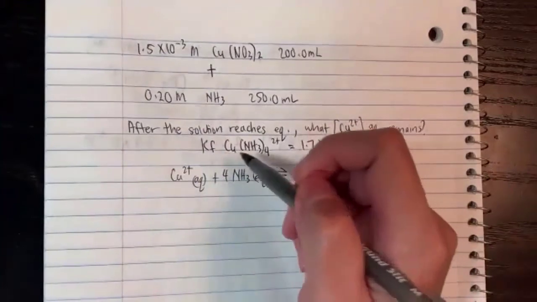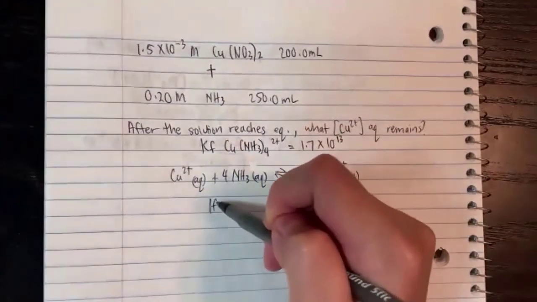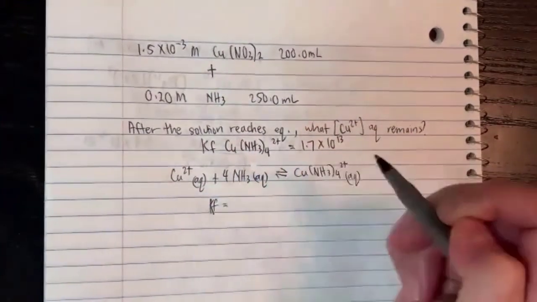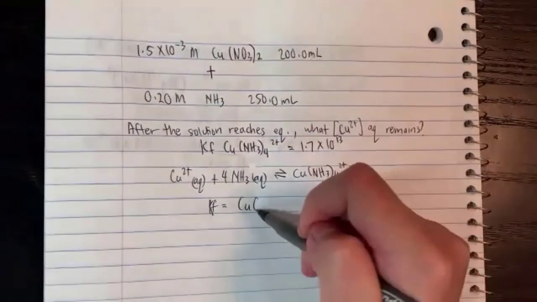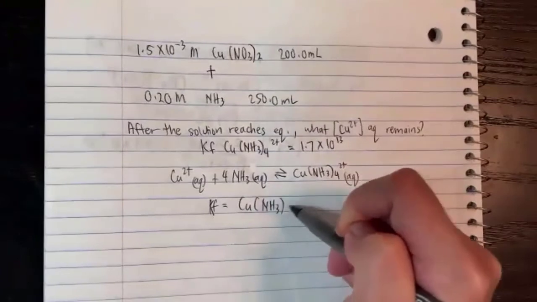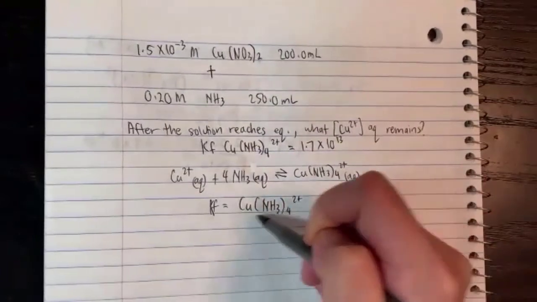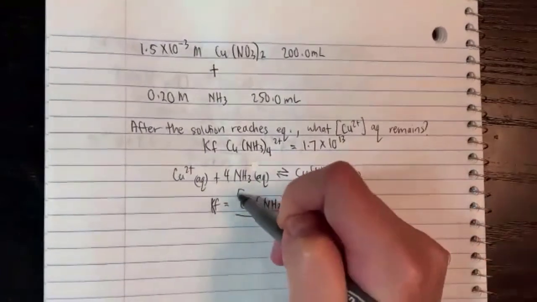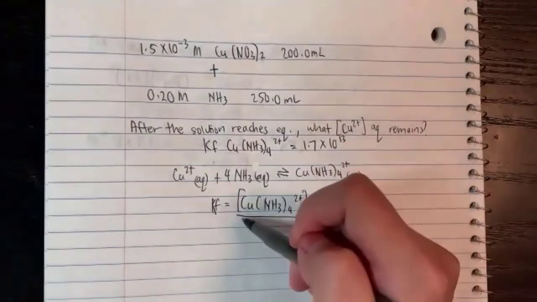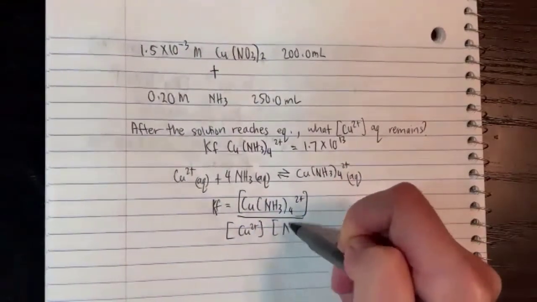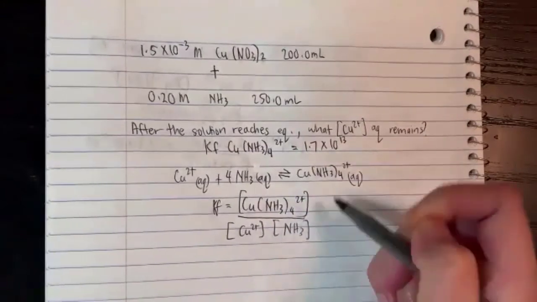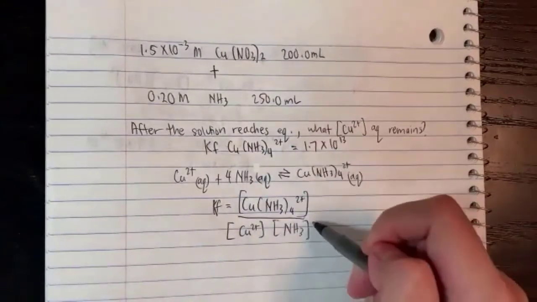Your KF formula then is KF is product over reactant, so Cu(NH3)4 2 plus, that's to the power of 1, and then you want to divide by Cu2 plus, divided by ammonia. The ammonia is going to be to the power of 4.